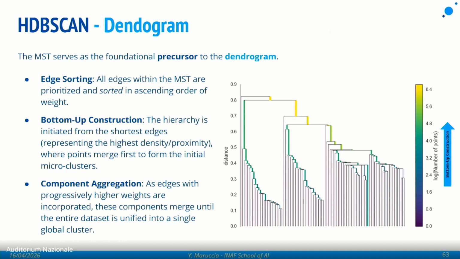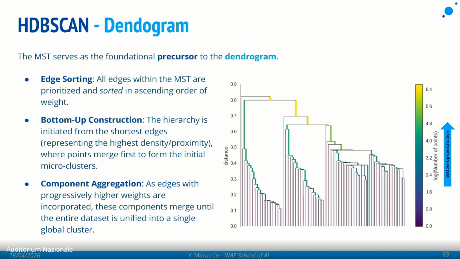And then the dendrogram is constructed from the bottom to the top of the figure, as you can see from this graph, and we merge all the points initially into microclusters, and then we go further to build the clusters, aggregating them using the notion that we introduced with hierarchical agglomerative clustering.